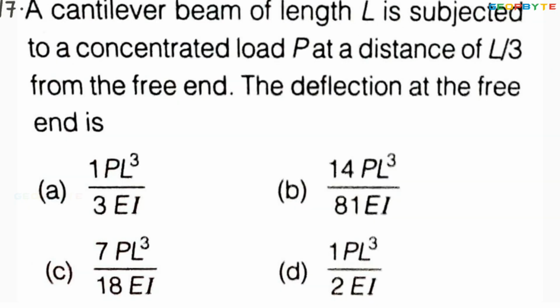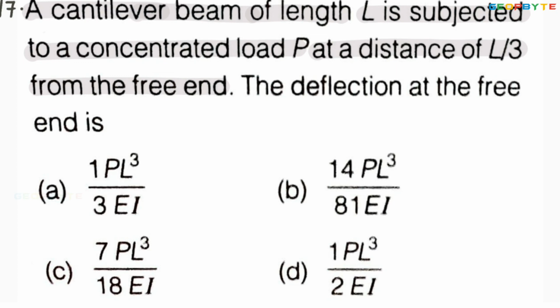Look at the last problem. A cantilever beam of length L is subjected to a concentrated load P. Here concentrated load means point load P at a distance of L by 3 from the free end.